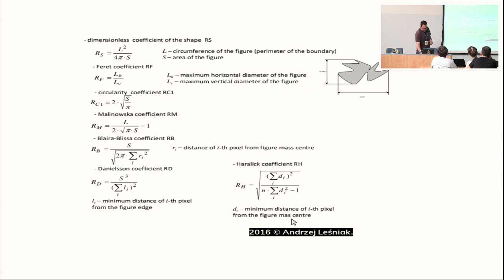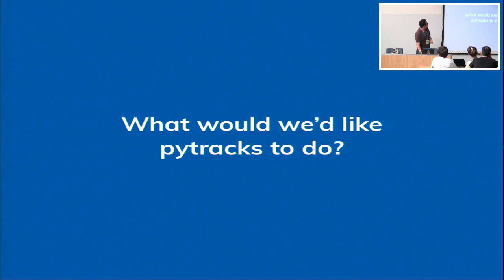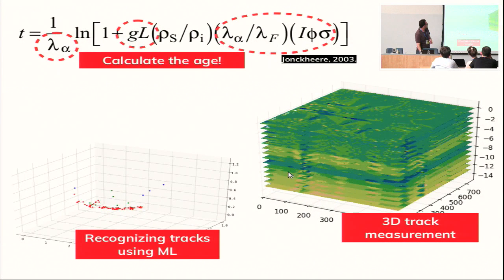All right, so now what we'd like PyTracks to do. If we have rho S and rho I, we would like PyTracks to return the age. Almost every other aspect in the equation is a constant, so we have just a little bit of work to do for that.